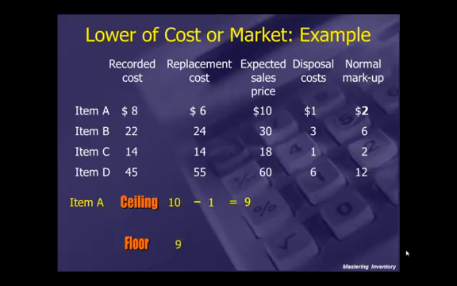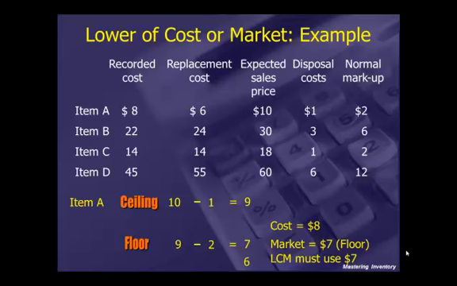For the floor, you take the ceiling, the net realizable value, and subtract the normal markup, and that's 7. The replacement cost is 6, which is lower than the floor, so you need to use 7. Now, the cost is $8, so you use the lower of cost or market. Market is the floor, so the LCM is $7.